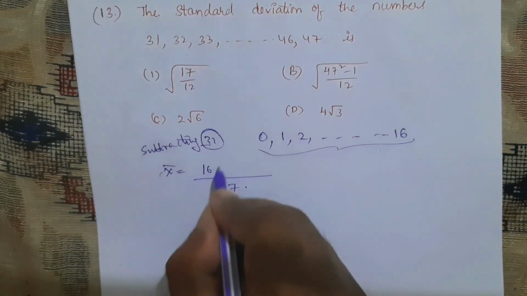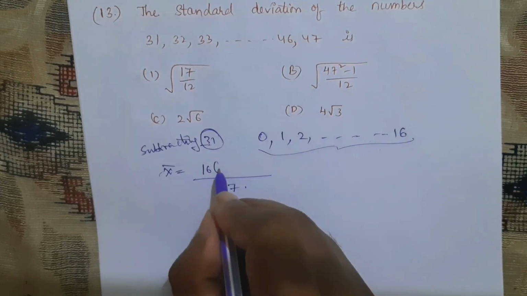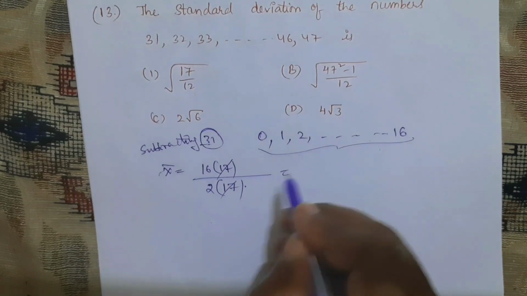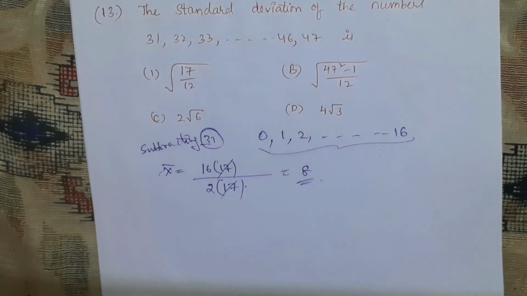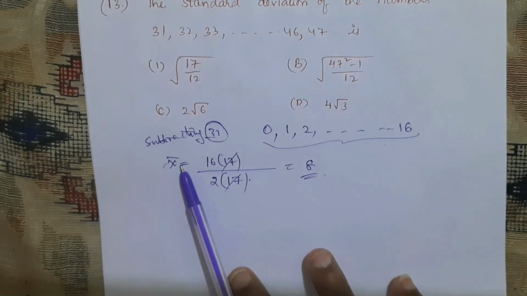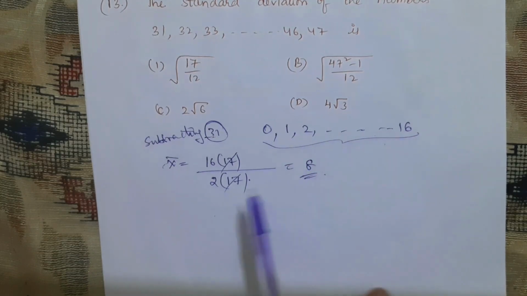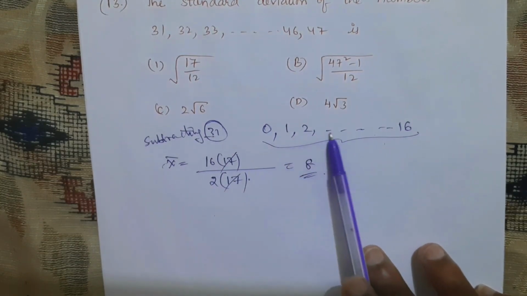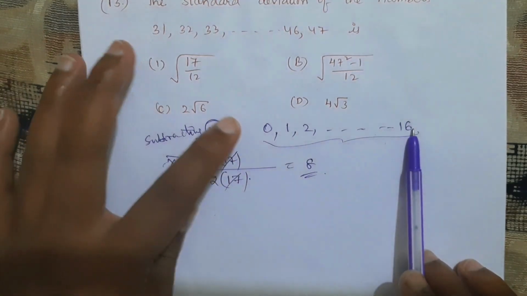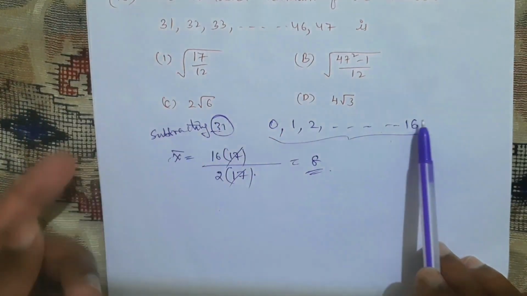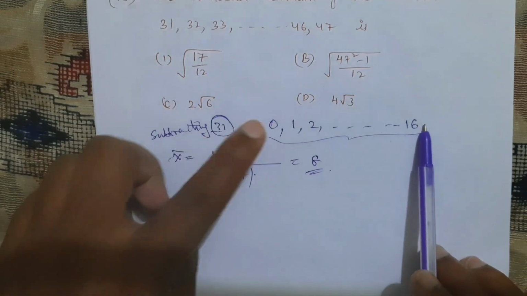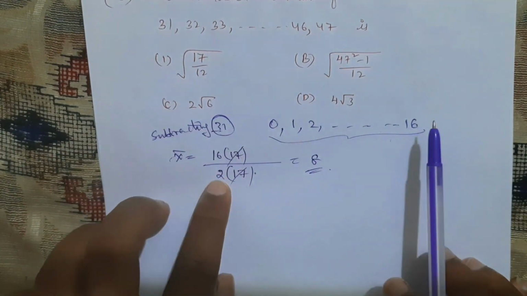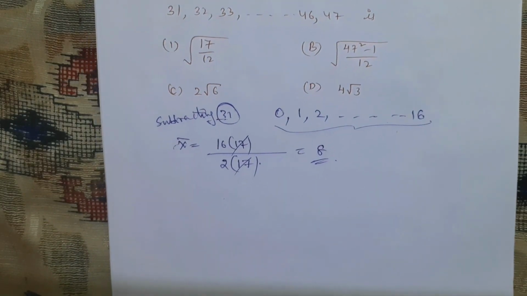That is 16 into 16 plus 1, that is 17, by 2. 17 cancel, 16 by 2 is 8. Instead of adding 1 plus 2 plus 3 so on 16, we use the formula for the sum of n natural numbers, 16 into 16 plus 1 divided by 2. That is x bar, we got 8.